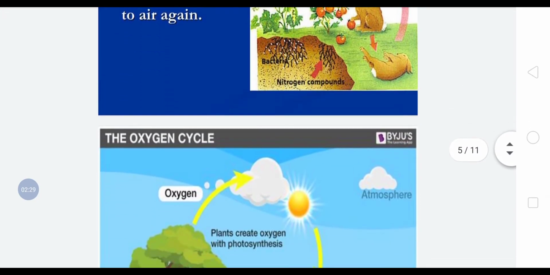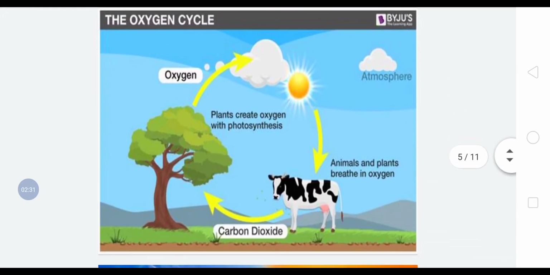Now comes the oxygen. We all know that it comprises 21% of the total volume of the air, and all living organisms on this earth, whether human beings or animals, inhale oxygen from the surrounding air to stay alive, and hence it is known as the life supporting gas.